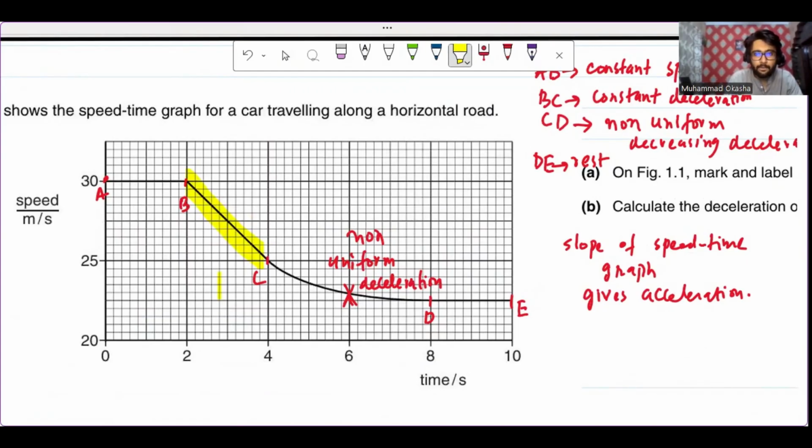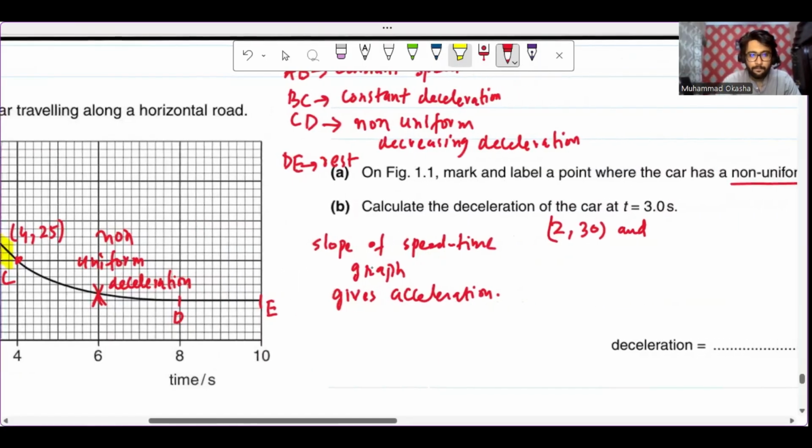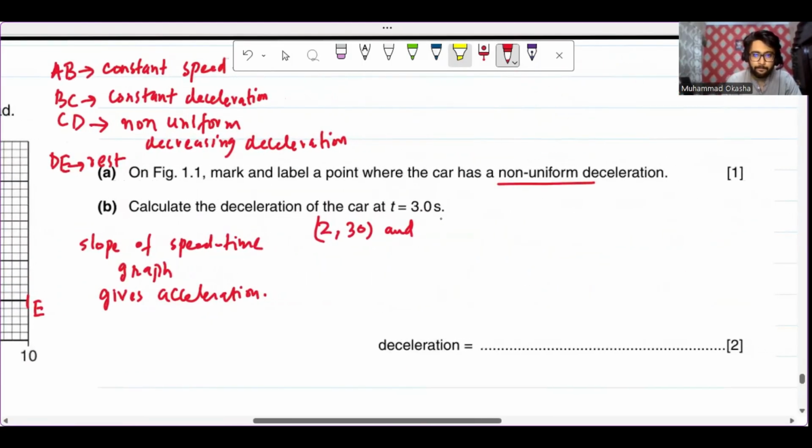This point is (2, 30) and this point is (4, 25). Let me label this point as x1, y1, and this as x2, y2.